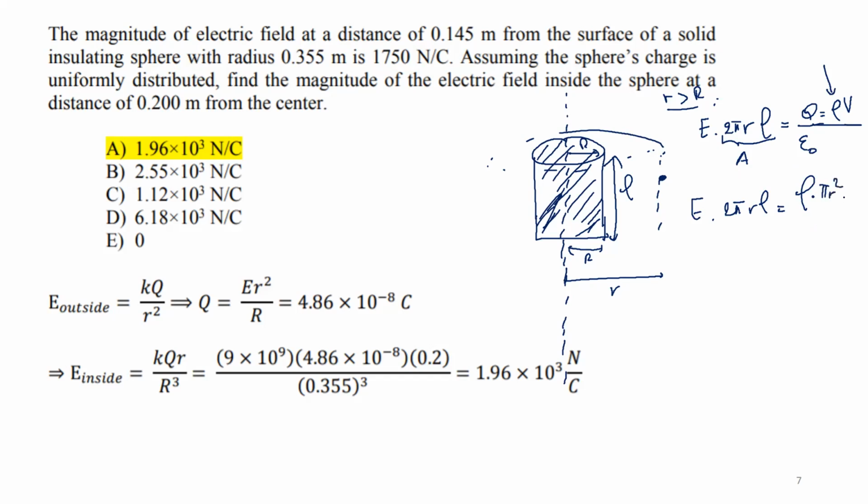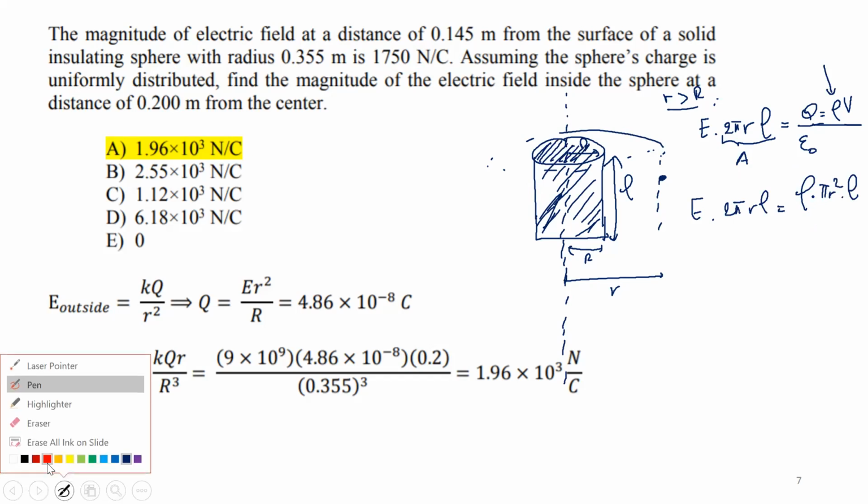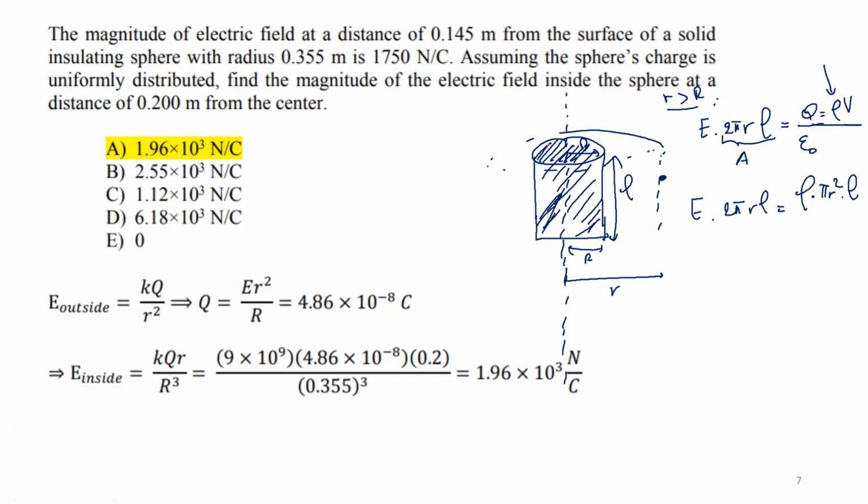It's pi R squared, this area here, multiplied by L, divided by epsilon naught. Be careful, because for the charge enclosed, this R here is a capital R.